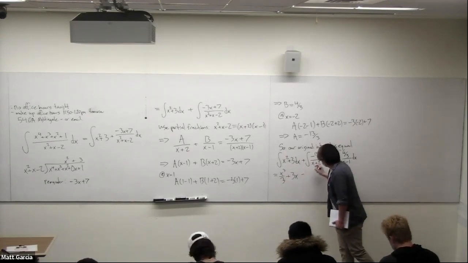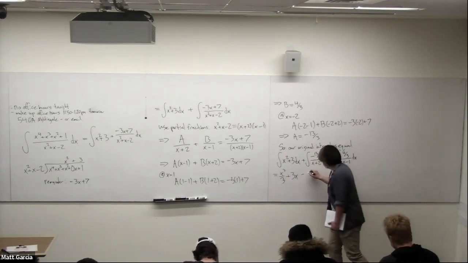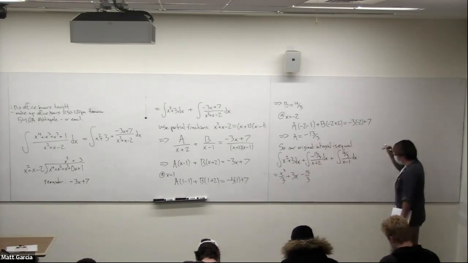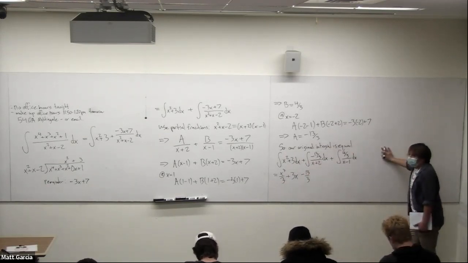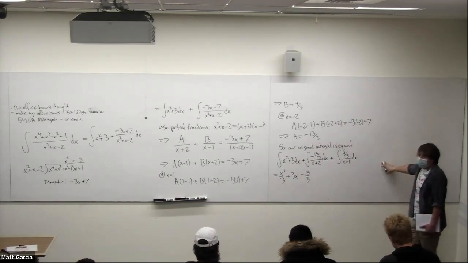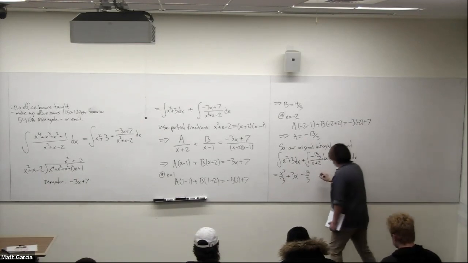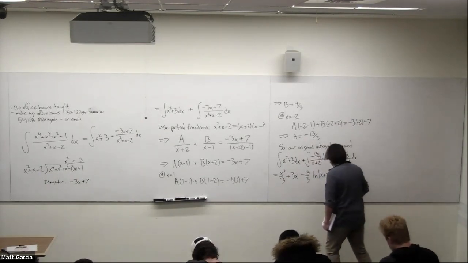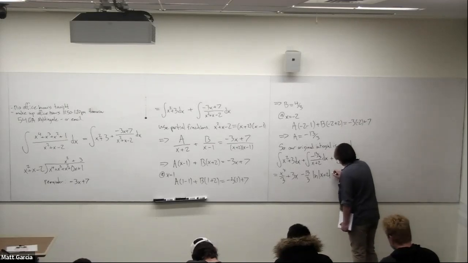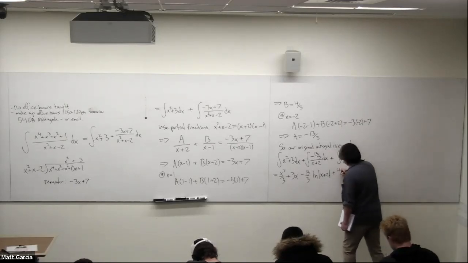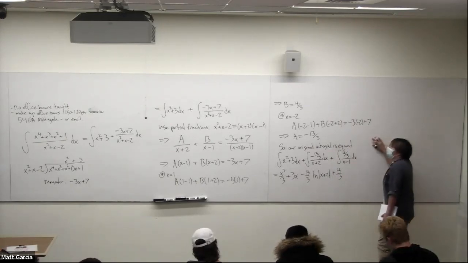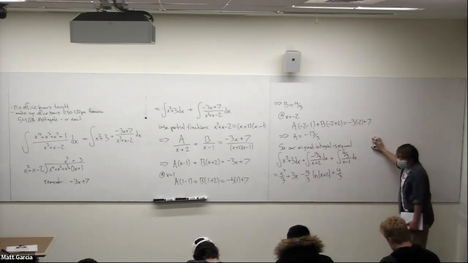So minus, we'll take our constant out front, 13/3. What's the antiderivative of 1 over x plus 2? Not the one of the absolute value of the constant. Yep, good. Plus, we'll again take our constant out front. And what's the antiderivative of 1 over x minus 1?